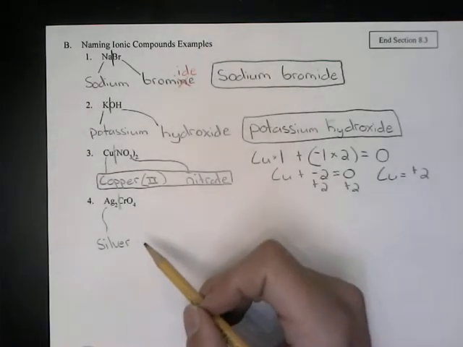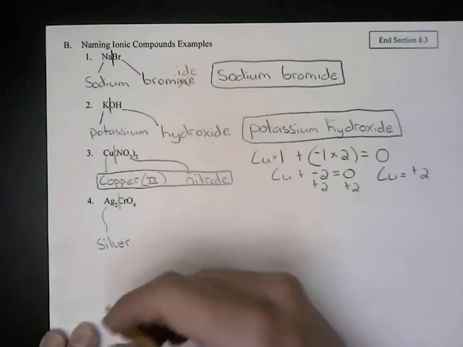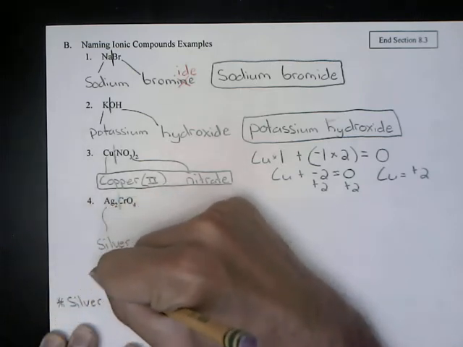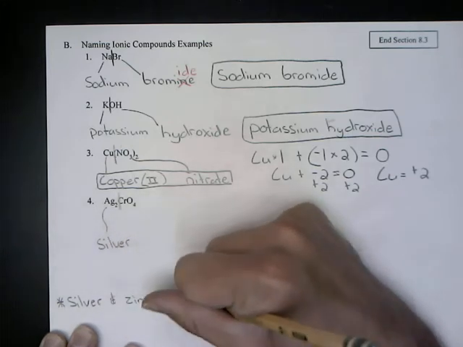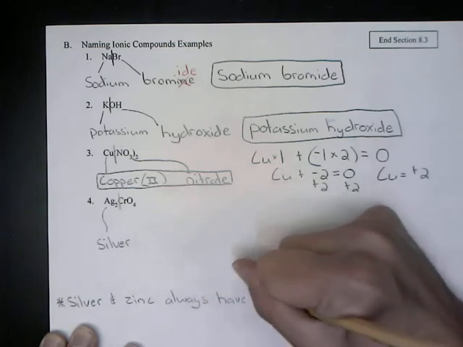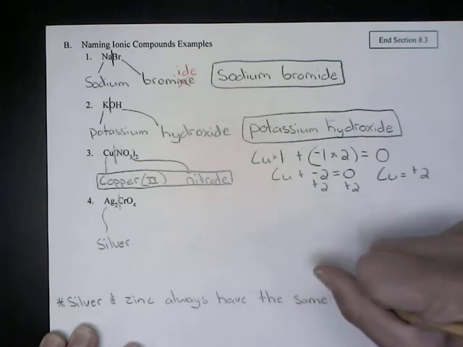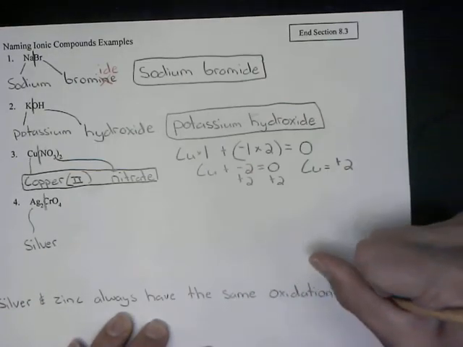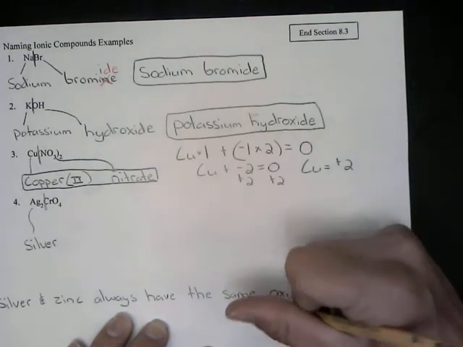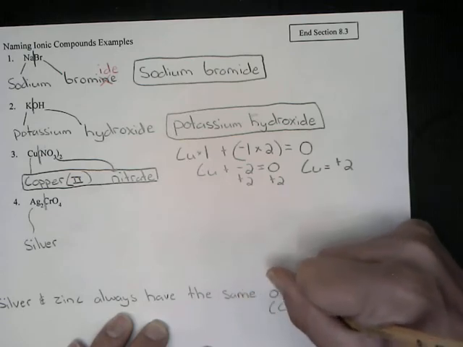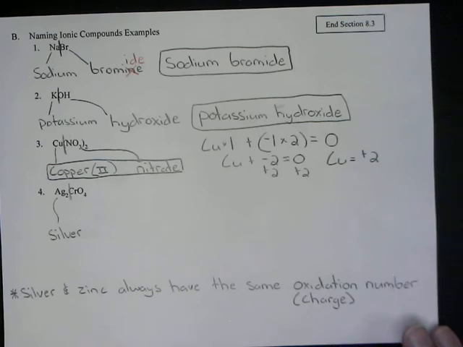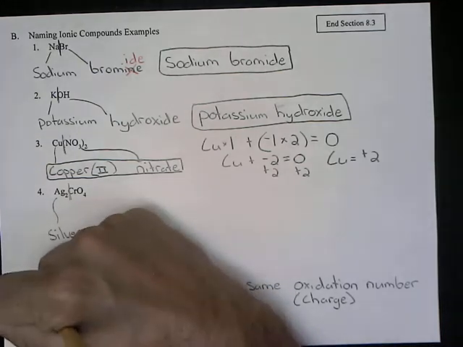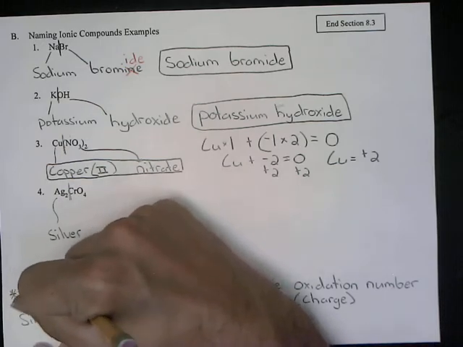However, and I want you to write this note, silver and zinc are two exceptions to this. So, silver and zinc always have the same oxidation number, and I want you to put under oxidation number the same charge. So oxidation, for us, we're going to call that the same charge. And so anytime we have silver, silver is always going to have an Ag 1 plus.